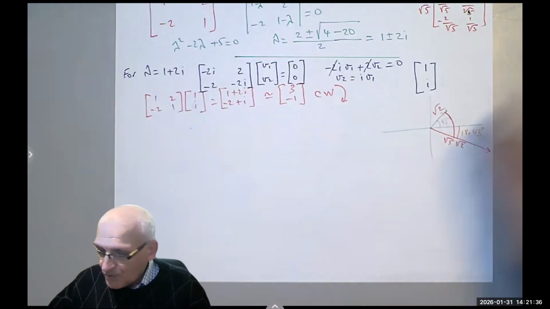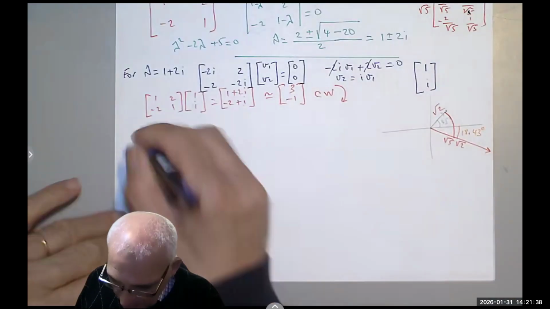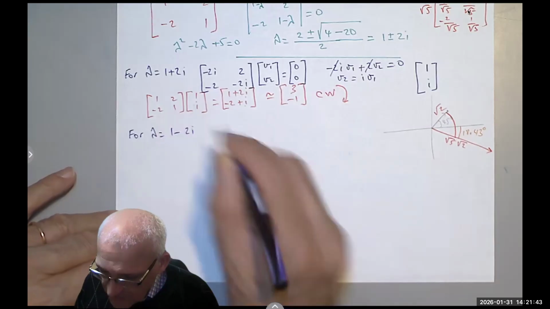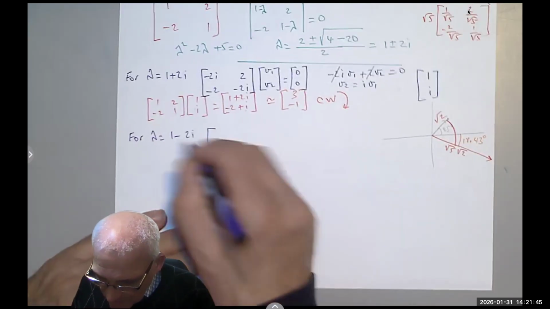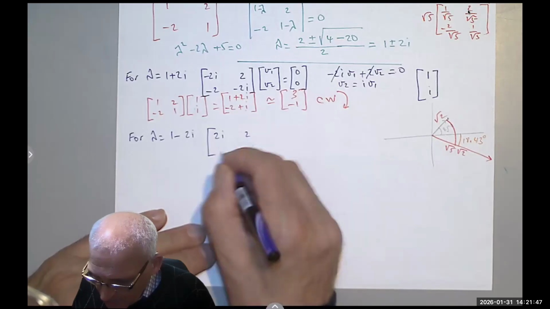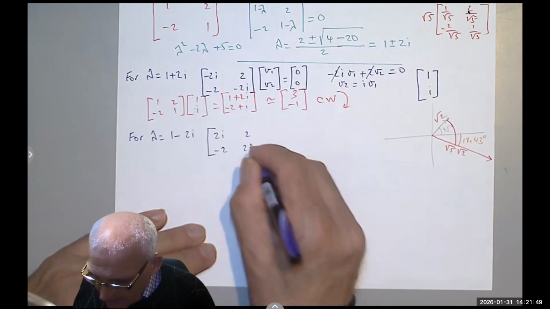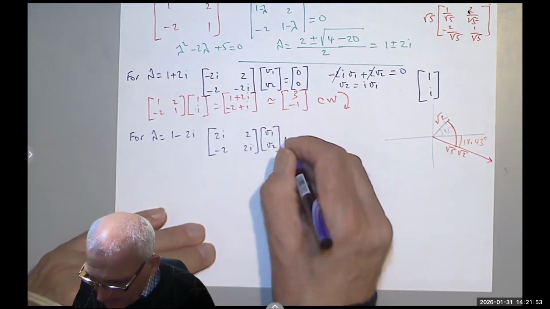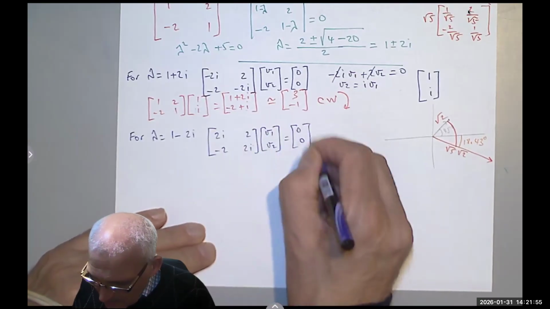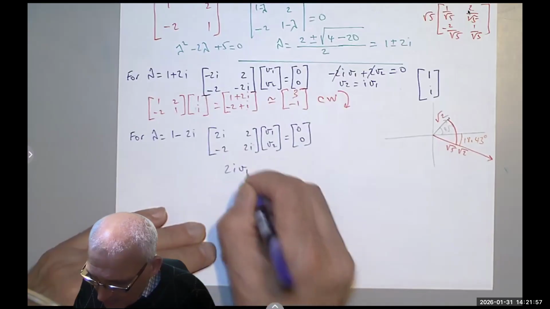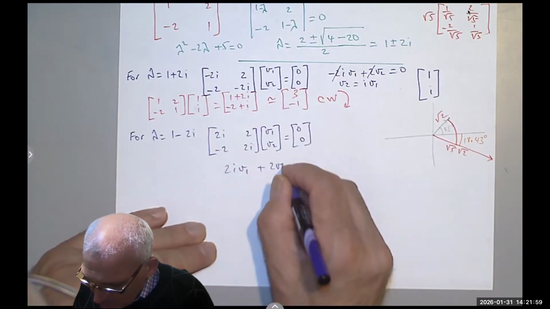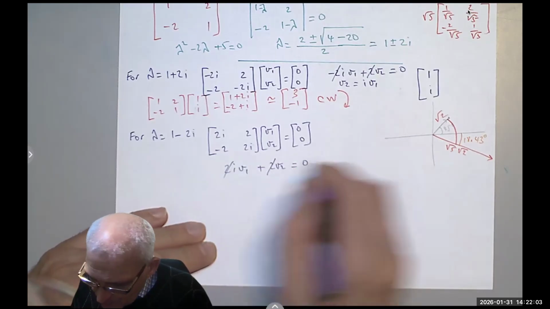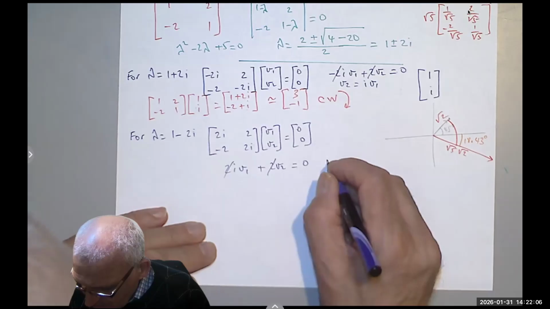And to complete the work, let's look at when lambda is 1 minus 2i. So when you subtract, you get 2i, 2, negative 2, negative 2i times v1, v2 equals 0, 0. So you get 2i v1 plus 2v2 equals 0, dividing by 2, moving i v1 to the other side.